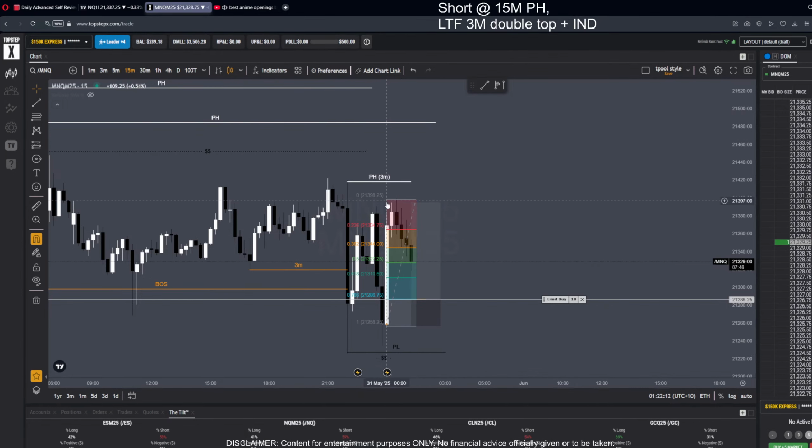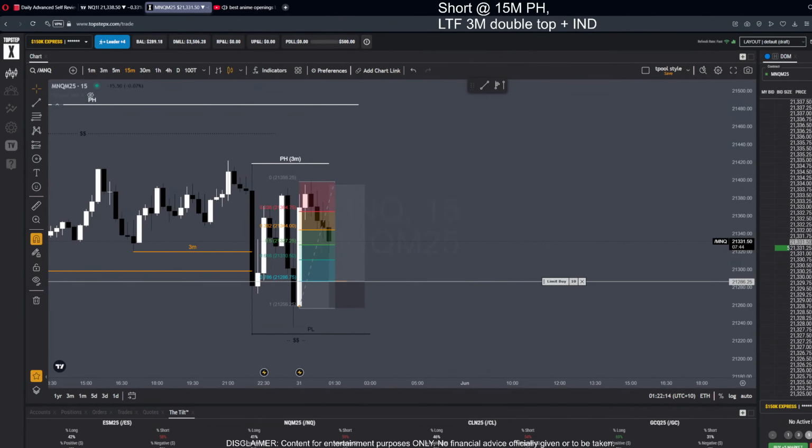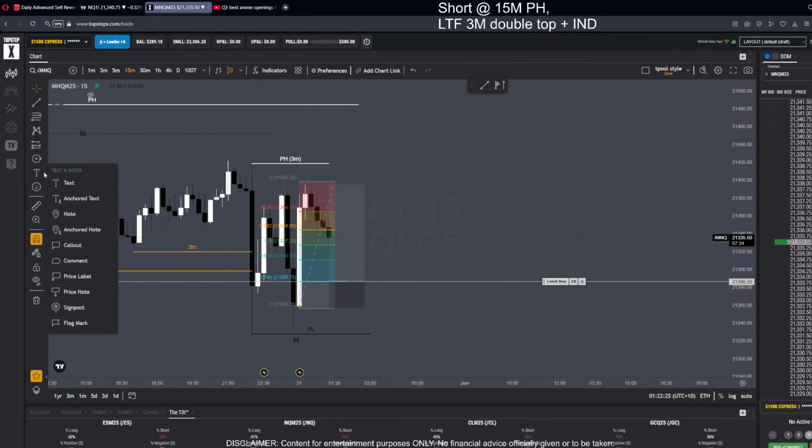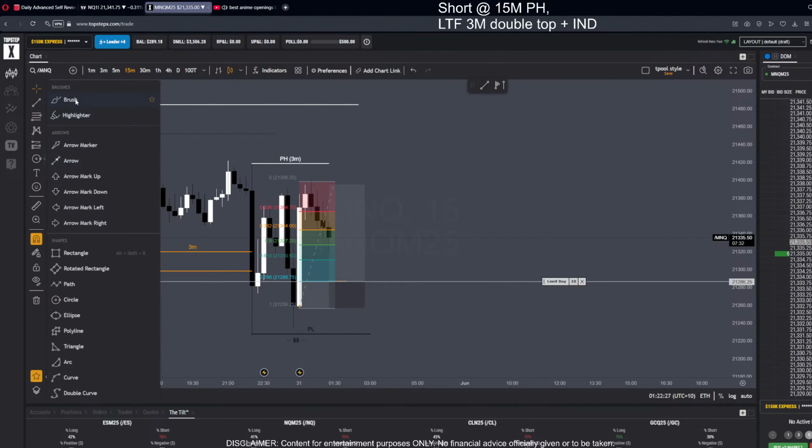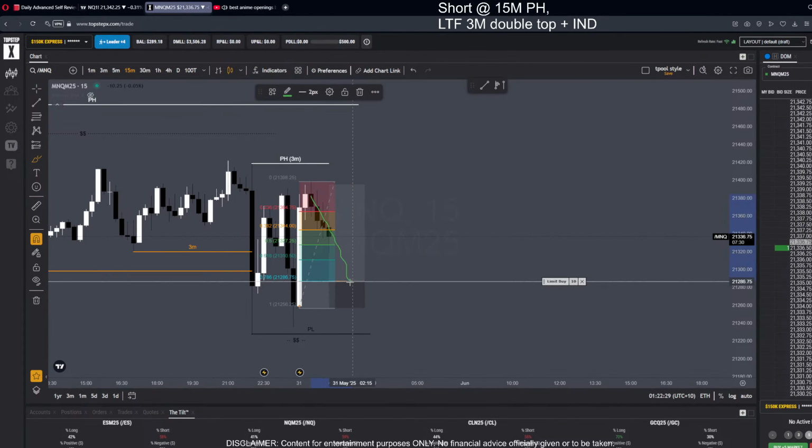Swept it, come up, but it also failed to hit that. So I'm looking for price to come and sweep this before continuing up, and it might just range for a bit, realistically speaking. So it might hit that before going up. That's the plan. As you can see, price is really failing to fall.